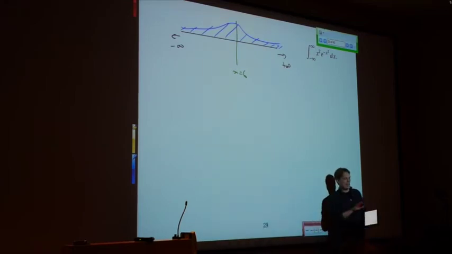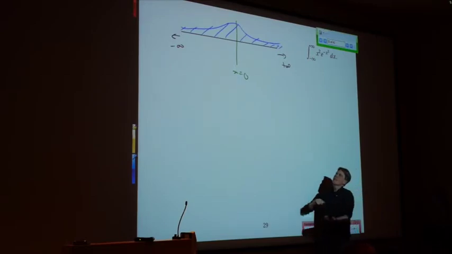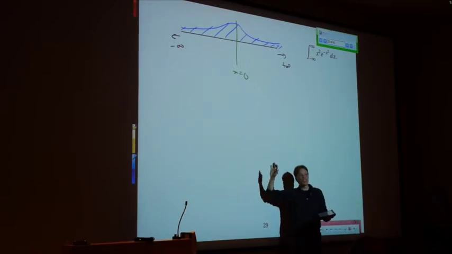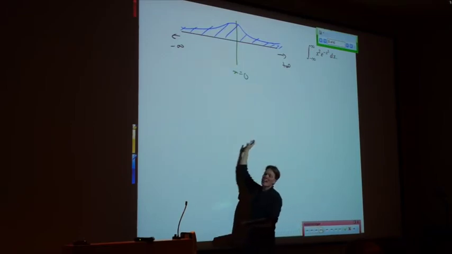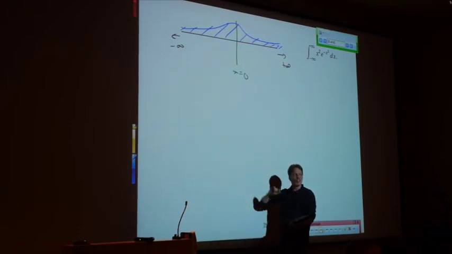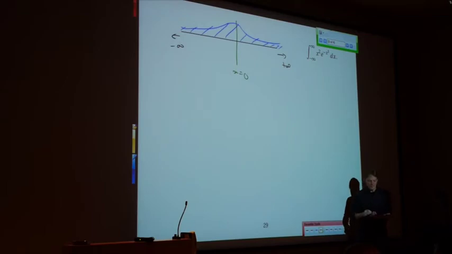So I can cut this wherever I like. Would you rather cut it somewhere else? Yeah. Okay. I just wanted you to know that you don't have to cut it at 0. We always do cut it at 0 because it's tidier, it's nice, it's symmetric. But you don't have to. 0 is not a special point if we're adding up the area from -infinity to infinity. It doesn't matter at all where we cut.